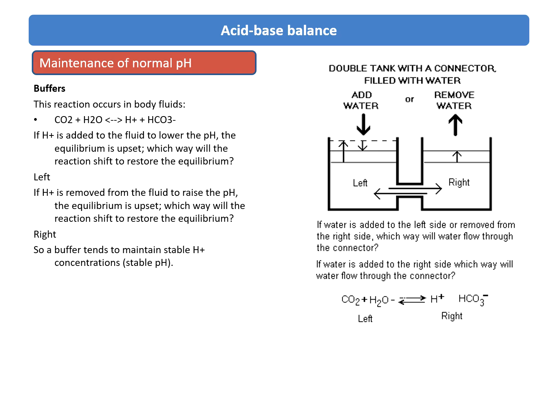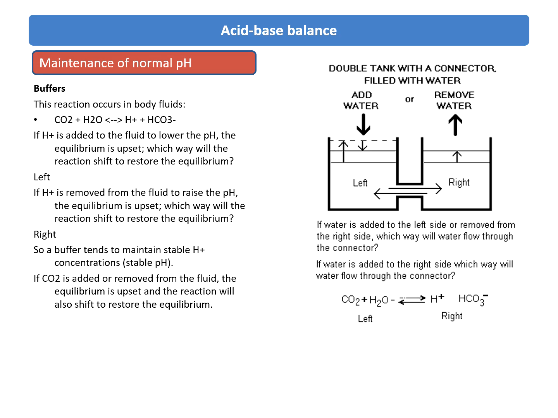To the right. So, a buffer tends to maintain stable hydrogen ion concentrations, that is, a stable pH. If carbon dioxide is added or removed from the fluid, equilibrium again is upset, and the reaction will shift to restore the equilibrium.